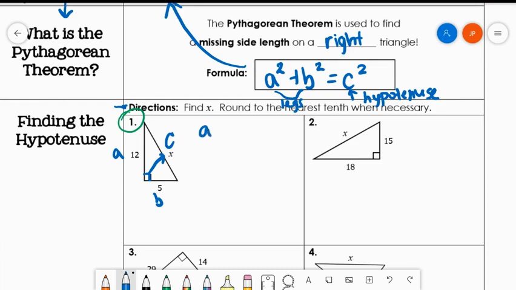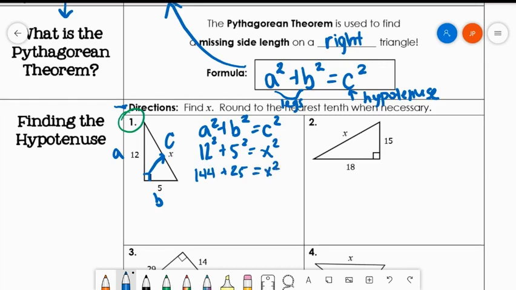So I'm going to start with that Pythagorean theorem and start plugging stuff in. We called A 12, we called B 5, and C was X, so I'm going to put that in there too. Then I'm going to do all this math out. 12 squared is 144, 5 squared is 25.